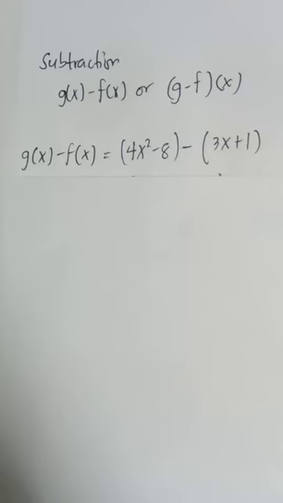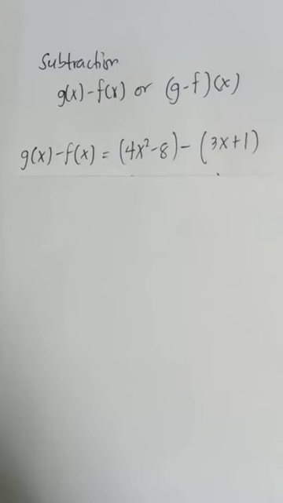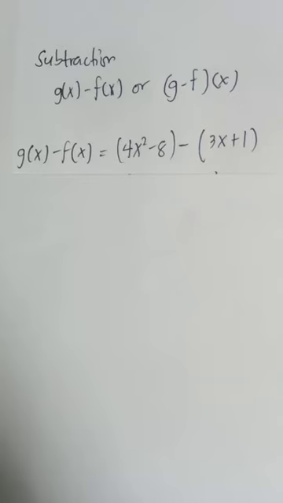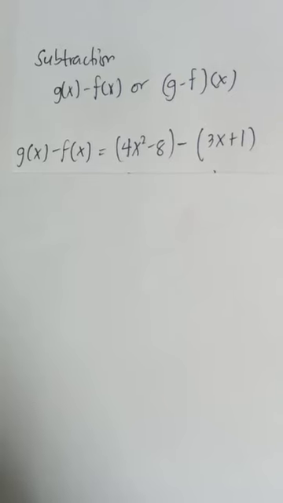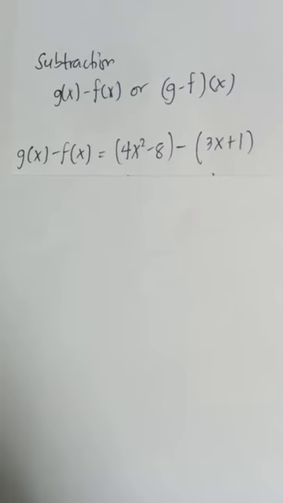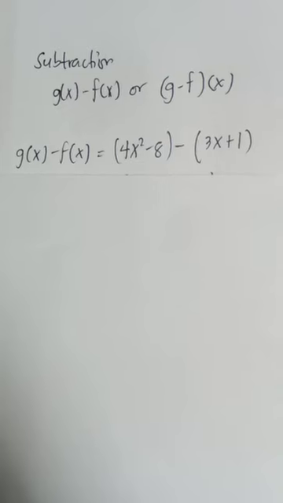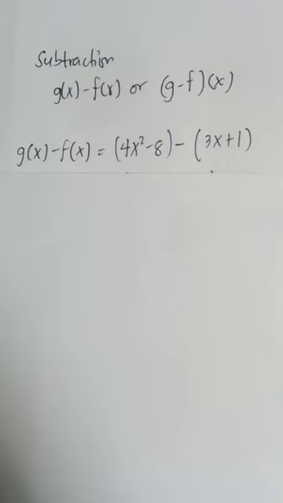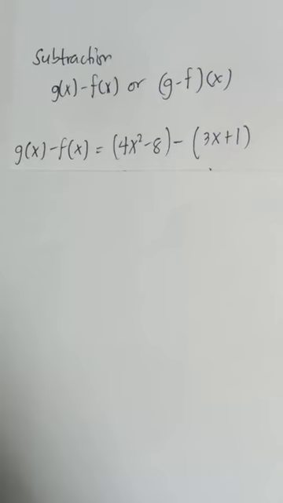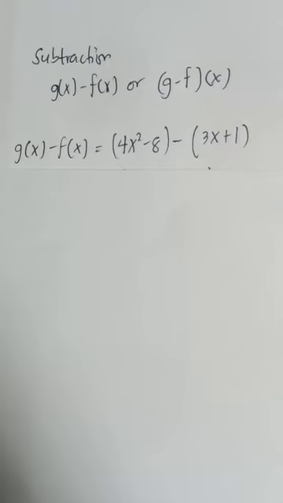So first, rewrite it just like this one. Rewrite this one as g of x minus f of x, and then as you observe, naguna or first natin nilagay si g of x, which is 4x squared minus 8 minus the quantity 3x plus 1.